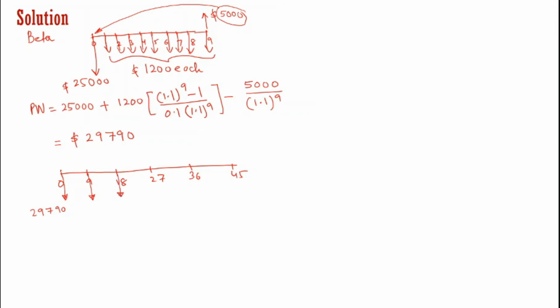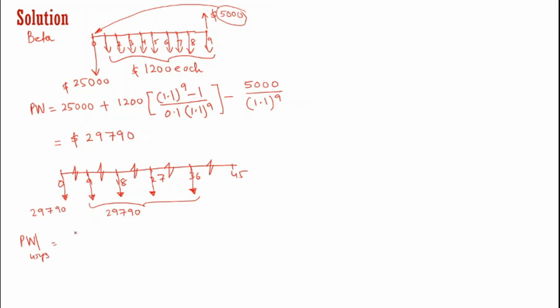Another one is at the end of 18th year, then 27, then 36 is the last one. So again, all these transactions are of 29790. Why? Because we are using the repeatability assumption. Of course, these end of years are not continuous. So if I treat every transaction except this 0 as a future transaction, I can compute what will be the present worth for 45 years.